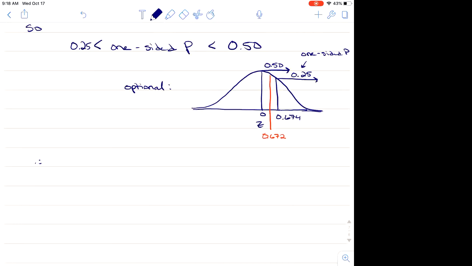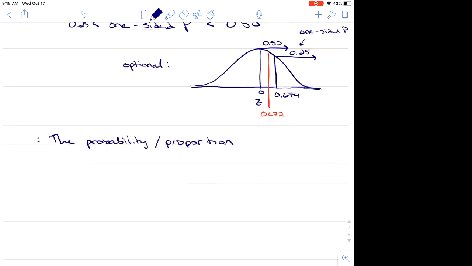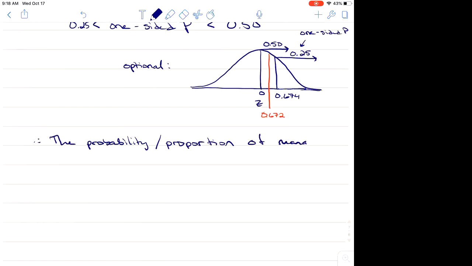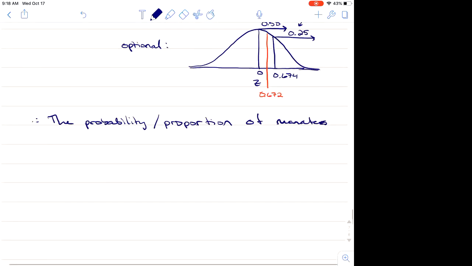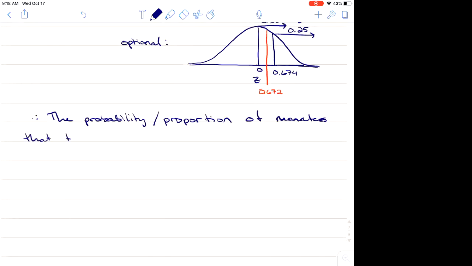Therefore, the probability, or proportion of manatees, sorry, the question said proportion of manatees, that travel faster than 4.7 miles per hour is between 0.25 and 0.50.